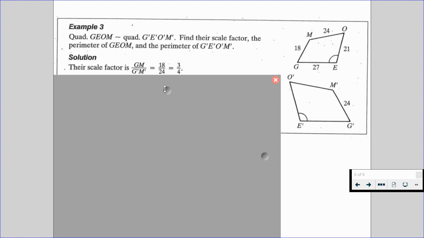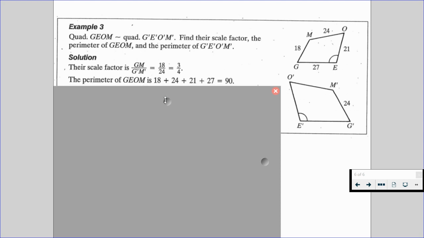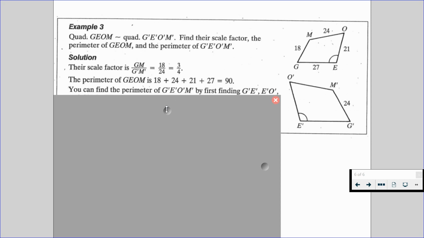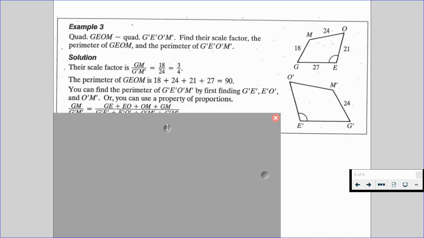We can plug in everything we know for GEOM and find the perimeter, and we get that it is 90. Well, we can find the perimeter by first finding the missing lengths, or you can use a property of proportion. So we have our general perimeter here.